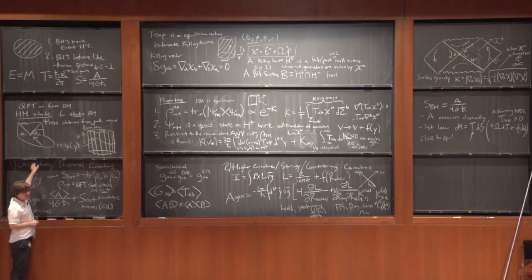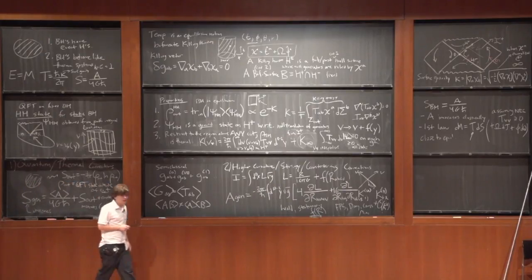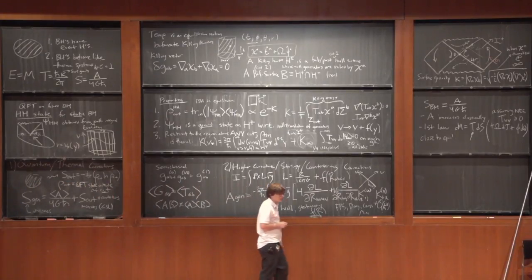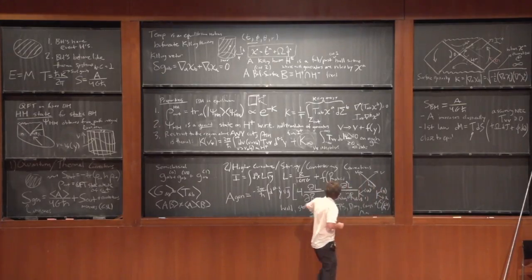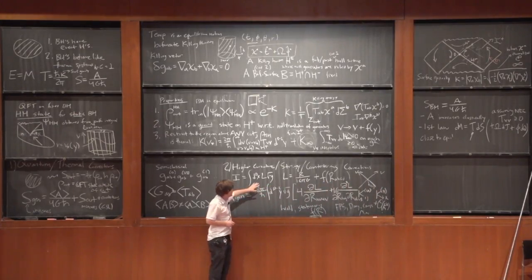Anything that just would linearly grow as I change my beta on the boundary ends up dropping out of an entropy calculation. And that's why we get something that's local on the horizon.